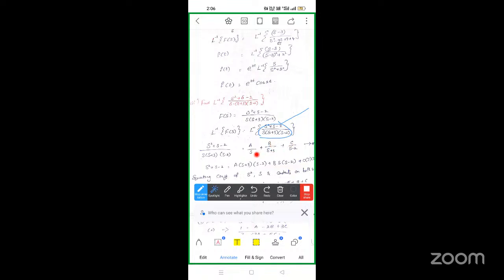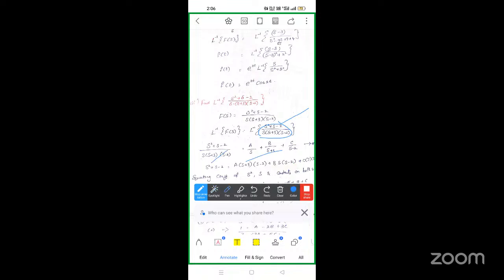So taking LCM on the RHS, s into (s plus 3) into (s minus 2): A into (s plus 3) into (s minus 2), plus B into (s minus 2), plus C into (s plus 3). After the LCM, the denominator should be cancelled.